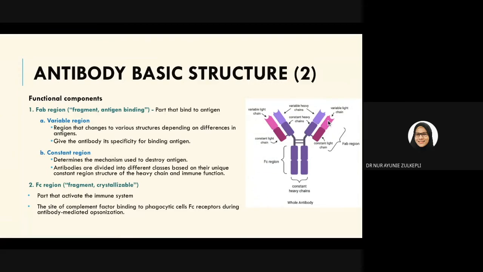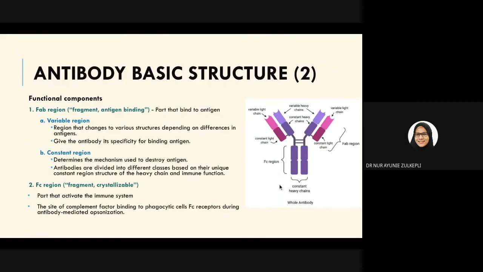So it gives the specificity of the antibody to bind to a specific antigen, and the constant region usually determines the mechanism used to destroy the antigens upon the antigen-antibody complex. So this part will determine what type of mechanism will be used to destroy the antigens.